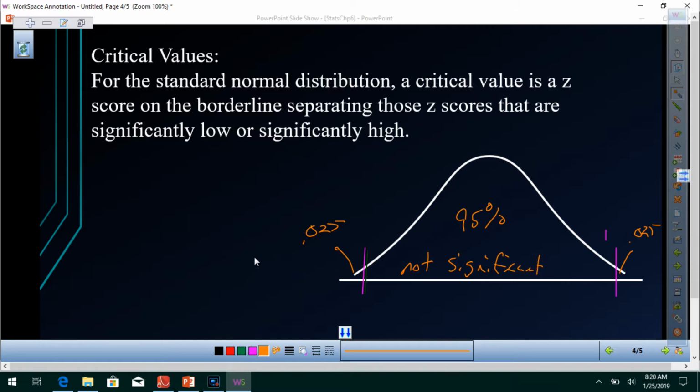If 95% of the data fall in here, they generally consider this not significant. Over here would be low significance. I can't even spell significant, can I?